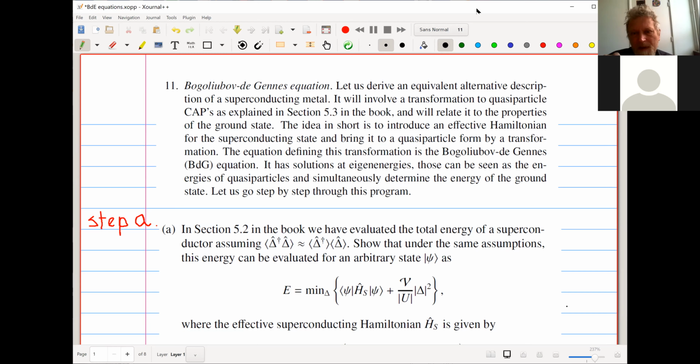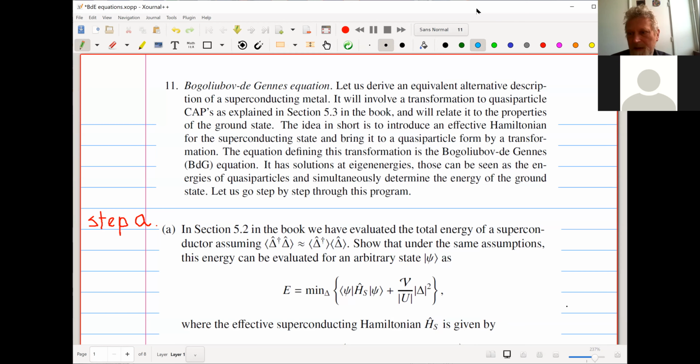Sure. What problem do we have at hand? We talked about superconductivity in the previous lecture, and we have solved this problem in some particular method.